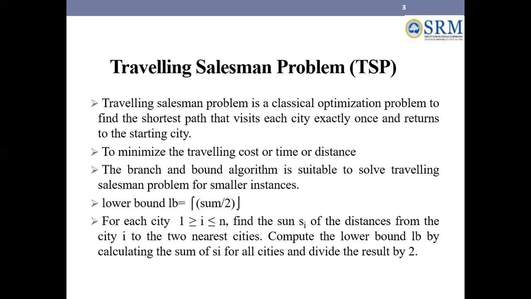So we are taking each and every city, finding the distance from city i to the nearest cities, and computing the lower bound value, that is LB equals total distance divided by 2. Calculate the sum of Si for all the cities and divide the result by 2. So that is the lower bound function for minimum cost.